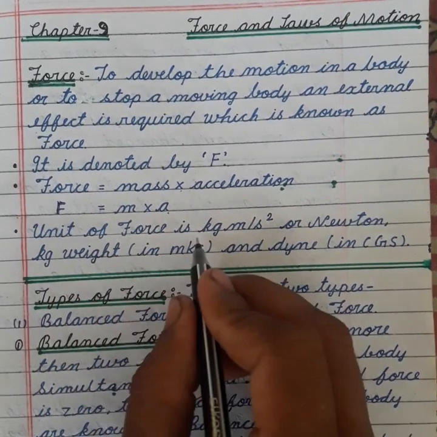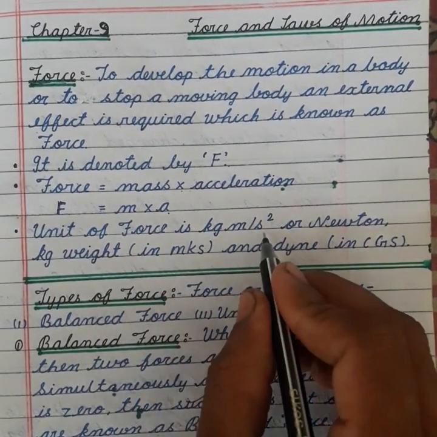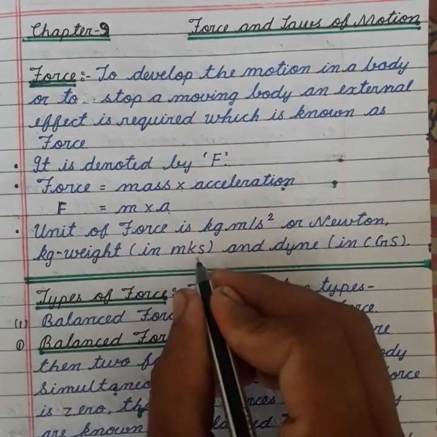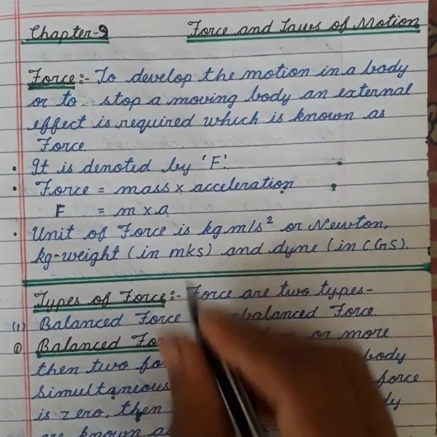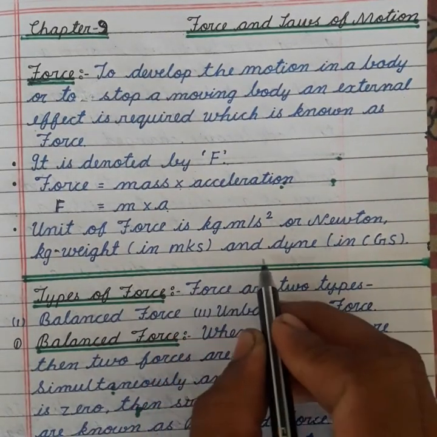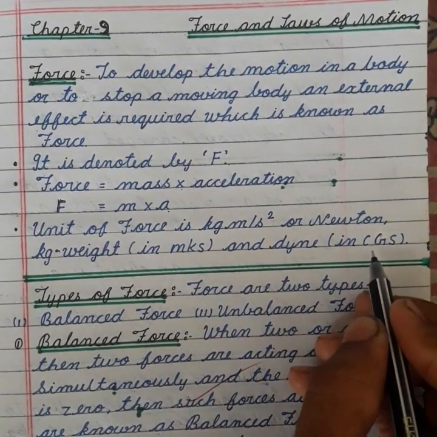The unit of force is kg meter per second square or Newton or kg weight in MKS system. MKS system means meter kilogram second system, and dyne in CGS system.